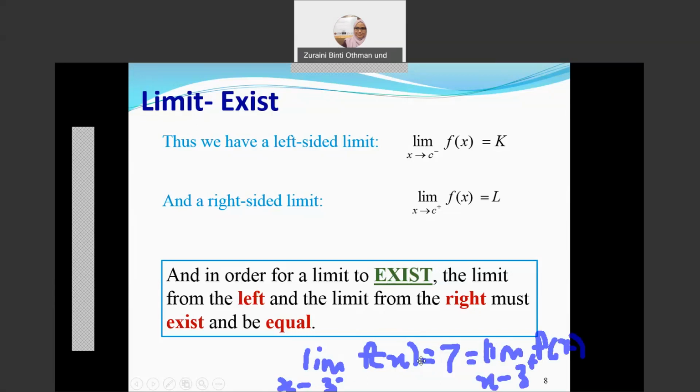Okay, only then we can conclude that this type of limit, so ni kalau dapat dalam bentuk macam ni, dia sama kiri dan kanan, so then we can conclude that the limit exists.